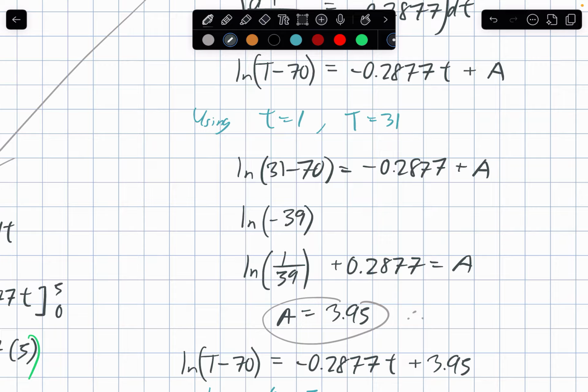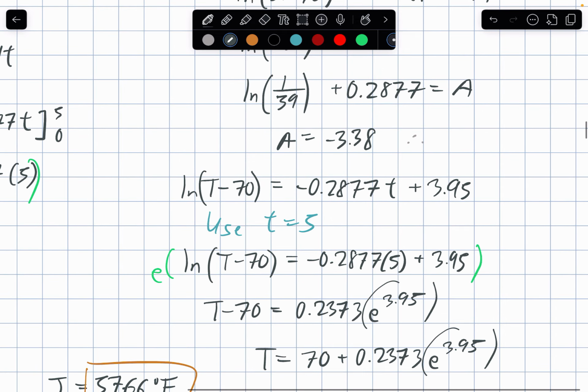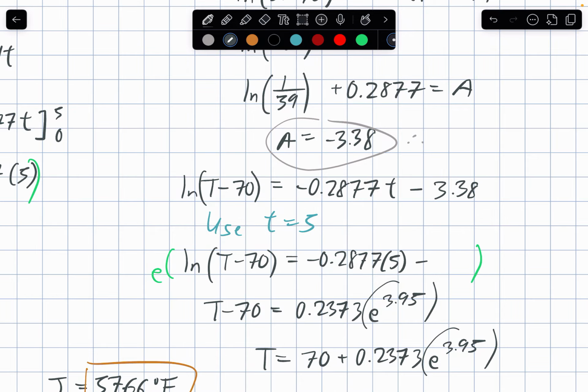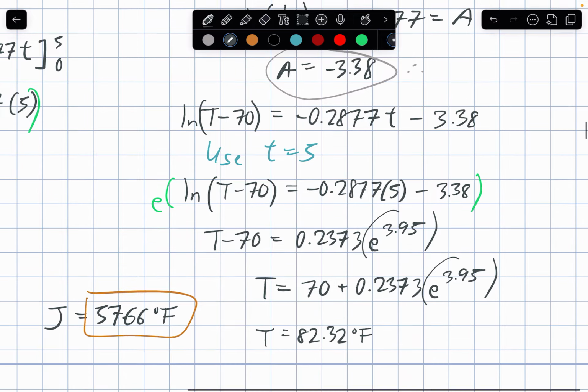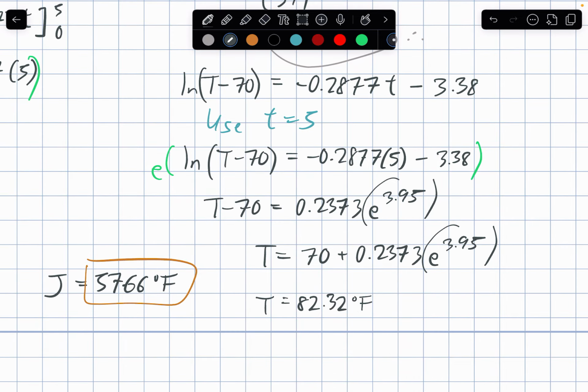Okay, I think that was what we were supposed to do. Negative 3.38, therefore, is our A. With 7 times 5 minus 3.38.